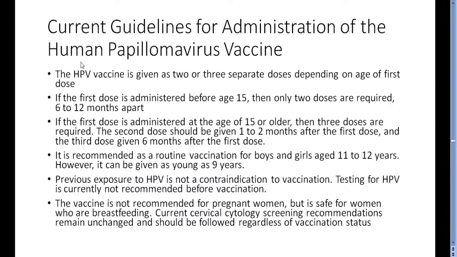Current guidelines for the HPV vaccine, because I told you that HPV is responsible for CINs and for cervical cancer as well. The HPV vaccine is usually given in 2 or 3 separate doses.